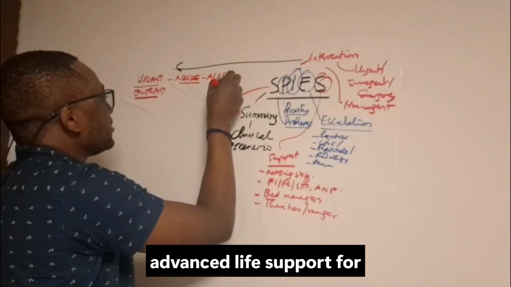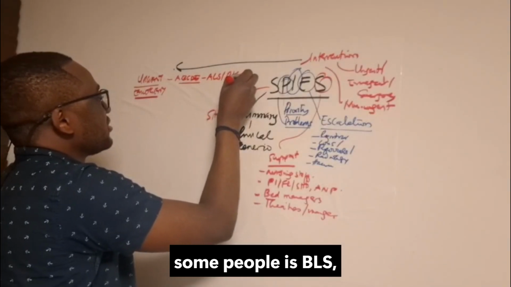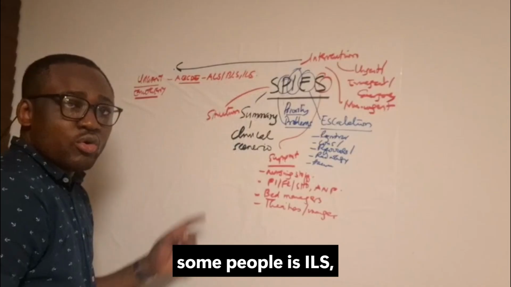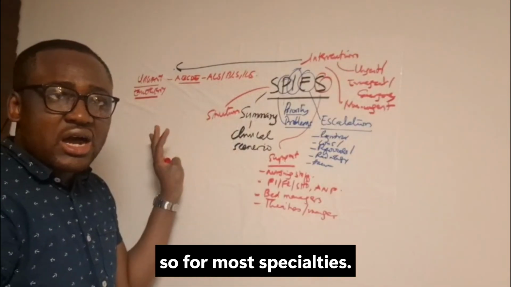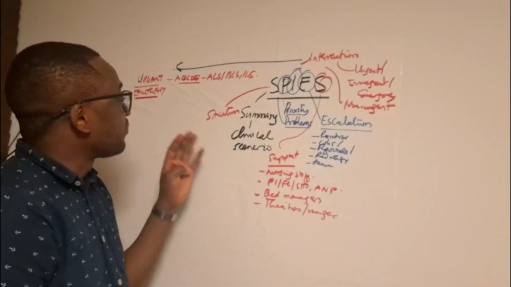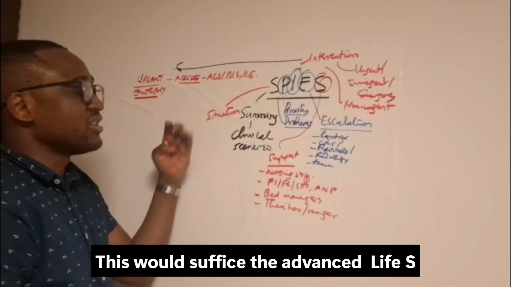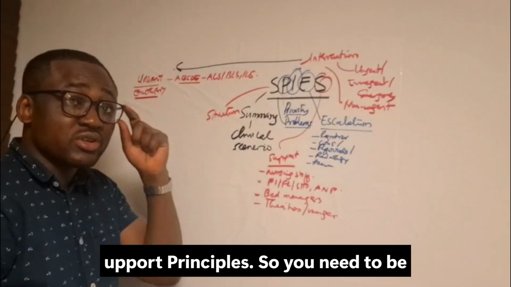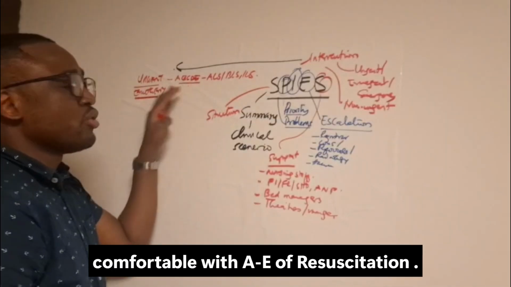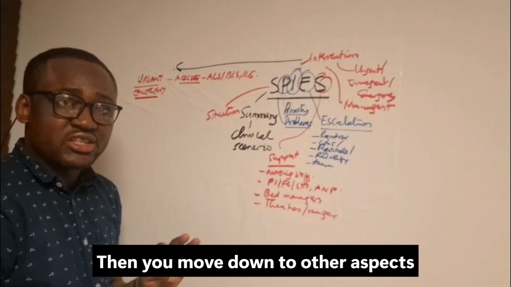For some people it's BLS, for some people it's ILS. So for most specialties, the advanced life support principles would suffice. So you need to be comfortable with A to E of resuscitation.